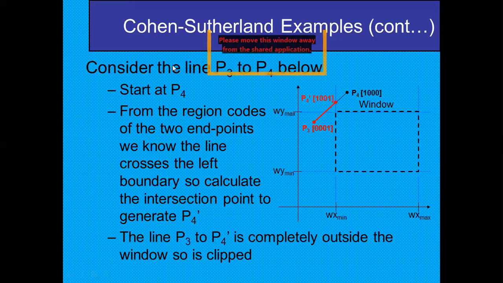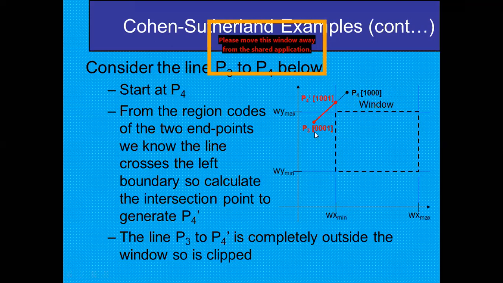I am not writing this code from my own choice, but this is mentioned in the algorithm of the Cohen-Sutherland. So we can assign 1000 here, and at this portion, the code in this region is 1001.